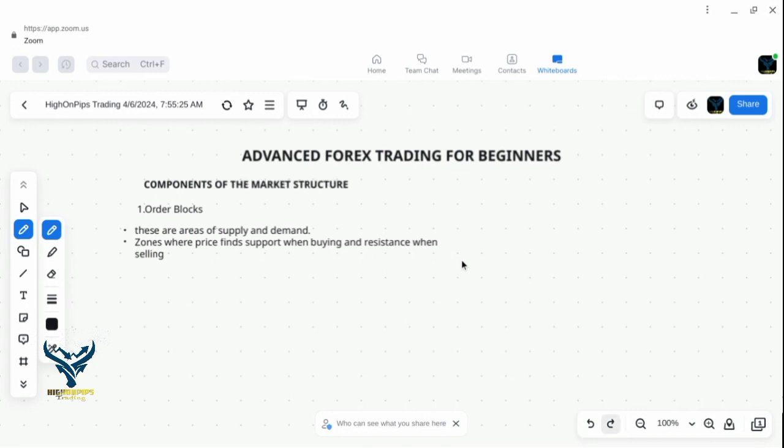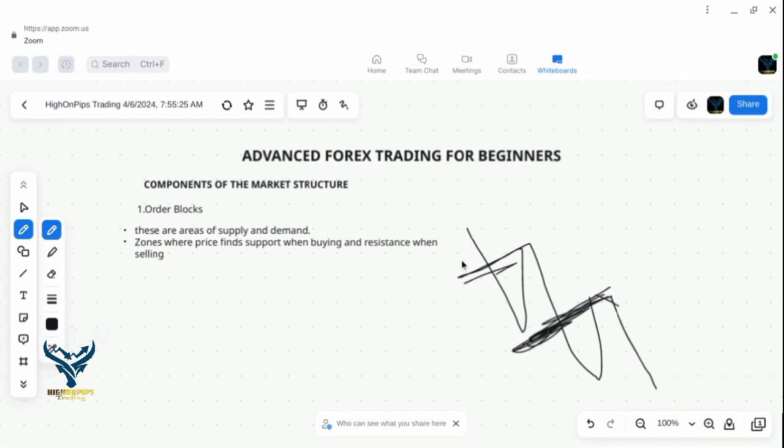Now, what do I mean by that? If the market is selling like this and then it retraces, it finds support here and it goes down again, retraces, finds support. These areas where the market finds support, there is a component around this area that the market leaves, which is called an order block.